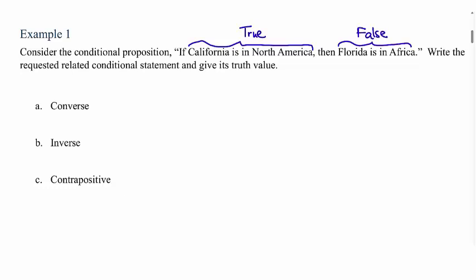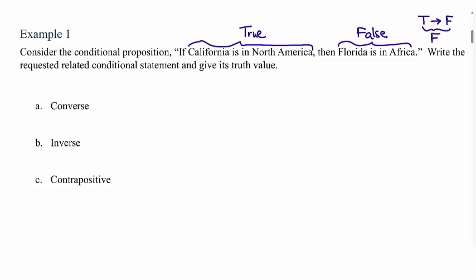So this fits the if true then false truth pattern. And we've discussed that this is exactly and the only time that a conditional statement is considered false. When you have true implies false, I like to say the promise is made and then broken, then that's the only time you get a false.